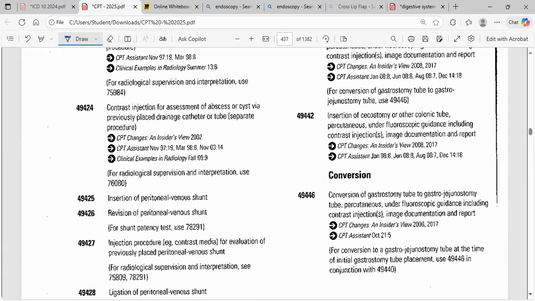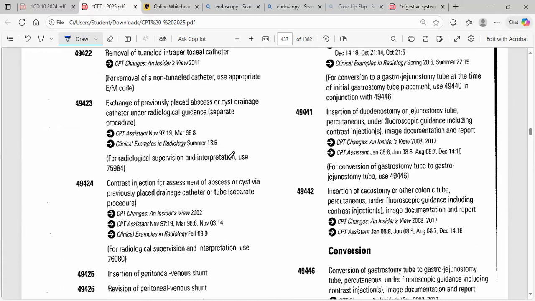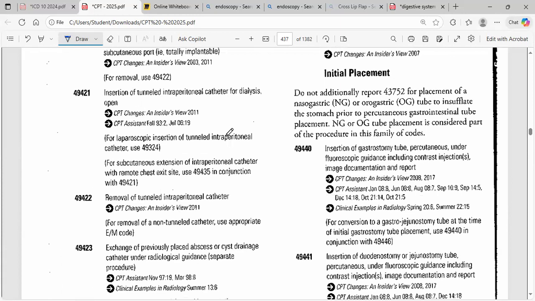Okay, one more thing I missed, that appendectomy guideline. Let me pull up the appendectomy.